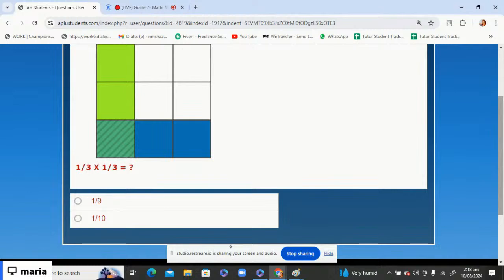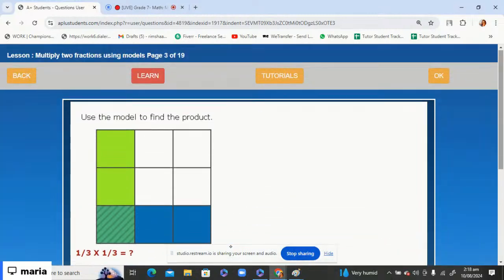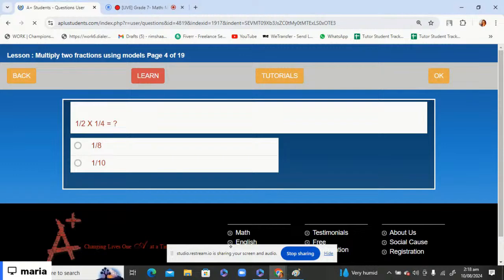So 1 times 1 is 1 and 3 times 3 is 9. So it's 1 by 9. Okay, so that's the answer.